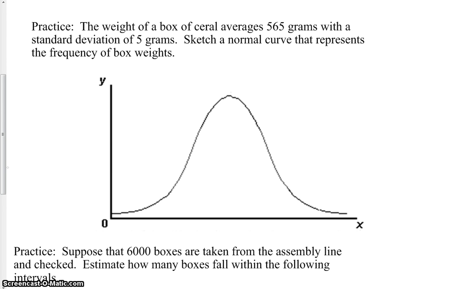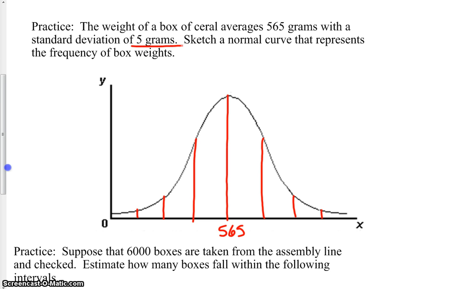So the first thing we would do is go to the maximum point of our curve, draw a line straight down, and label that with the mean, which was 565. Now we're going to try to divide the sides up into 4 equal sections. So there's 1, 2, 3, 4, and 1, 2, 3, 4. Now to label these, we have to add and subtract the standard deviation.